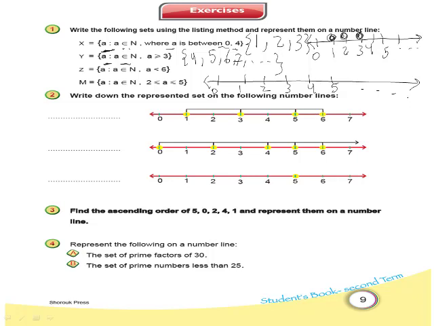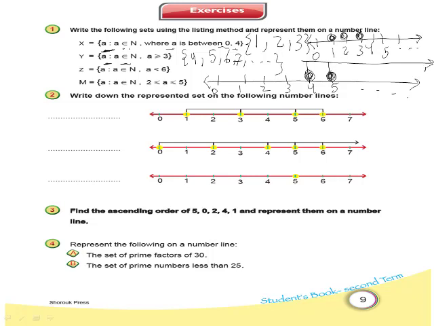The numbers bigger than 3 will be 4, 5, and we make a line like this, and we make an arrow to take all the numbers after 3.